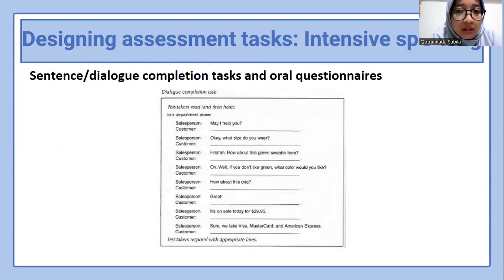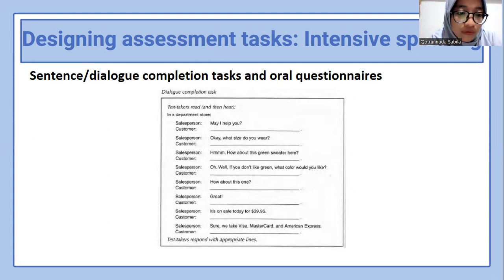Again, then we have intensive. We are still in the intensive speaking: sentence or dialogue completion tasks and oral questionnaires. Another technique for targeting intensive aspects of language requires test takers to read a dialogue in which one speaker's lines have been omitted.